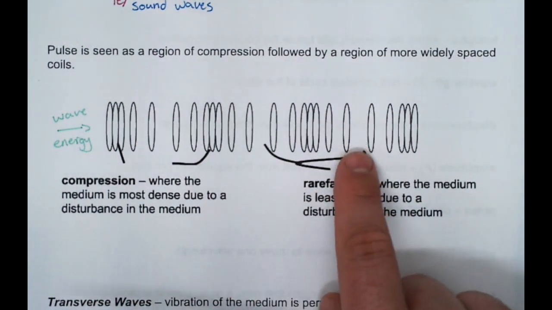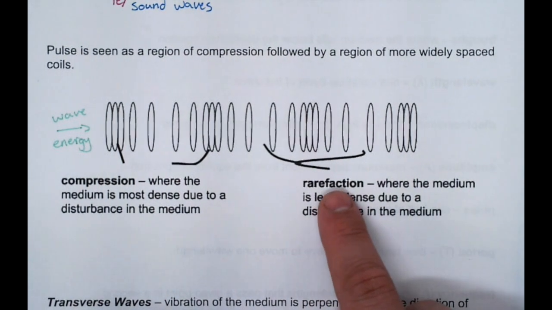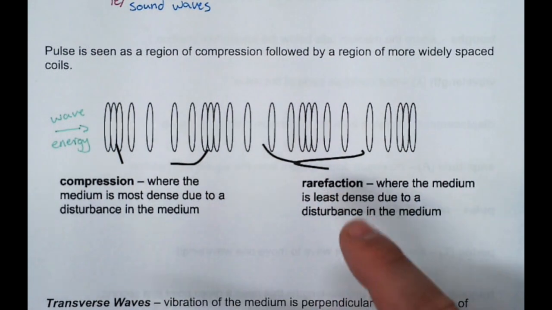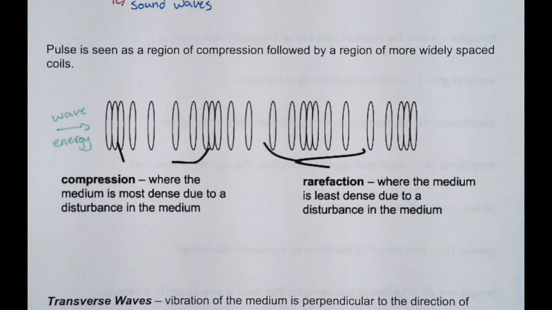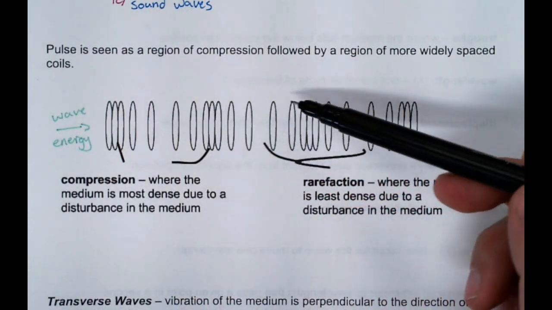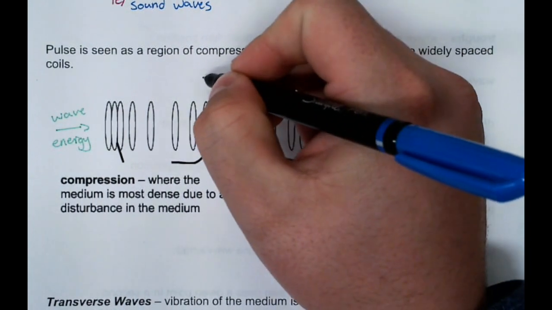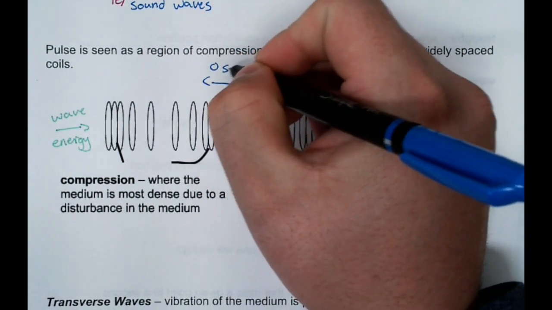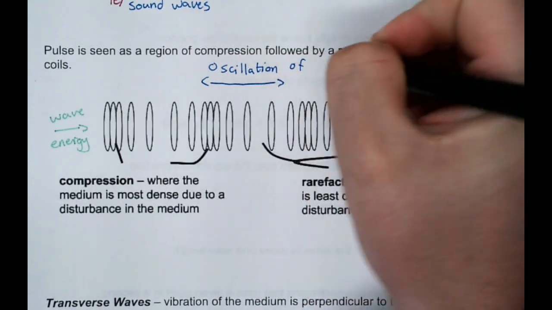This wider part, as labeled here, is called the refraction. It's where the medium is least dense due to the disturbance in the medium. All right. When this moves back and forth, we call this the oscillation of the medium.